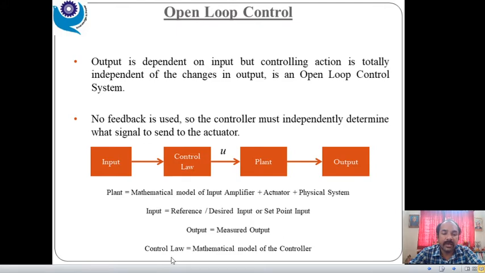This control law can be the mathematical model of the controller. And this is a simple plant, or a system. When we design a certain system, it depends upon the application, the kind of application that we are using. So to decide that application, we select particular hardware.